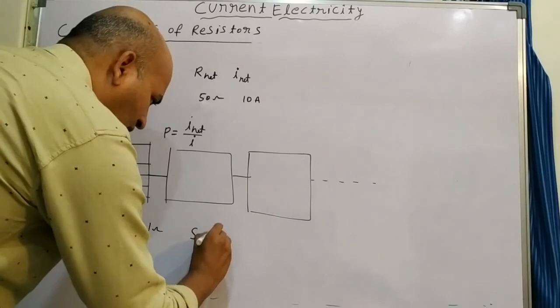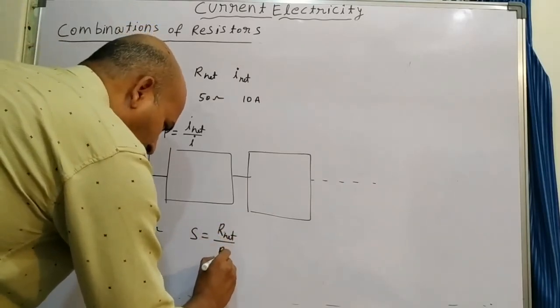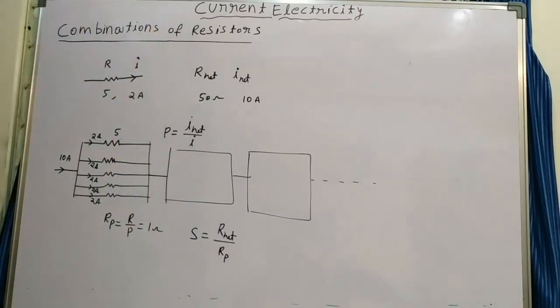That is R net by R parallel, not R net by R, because each set has a resistance R parallel only.